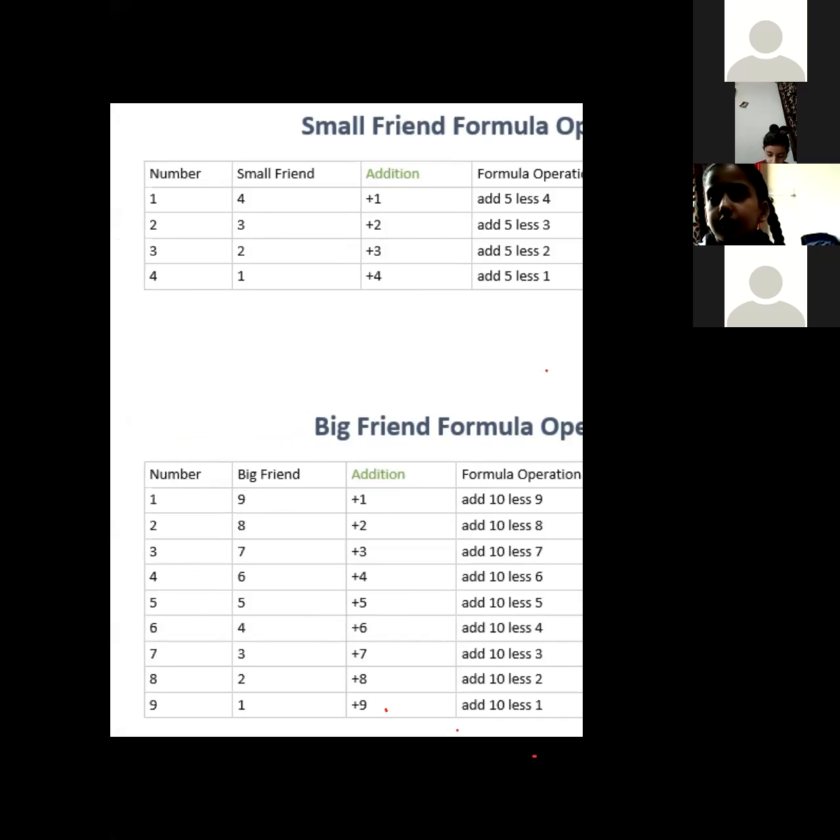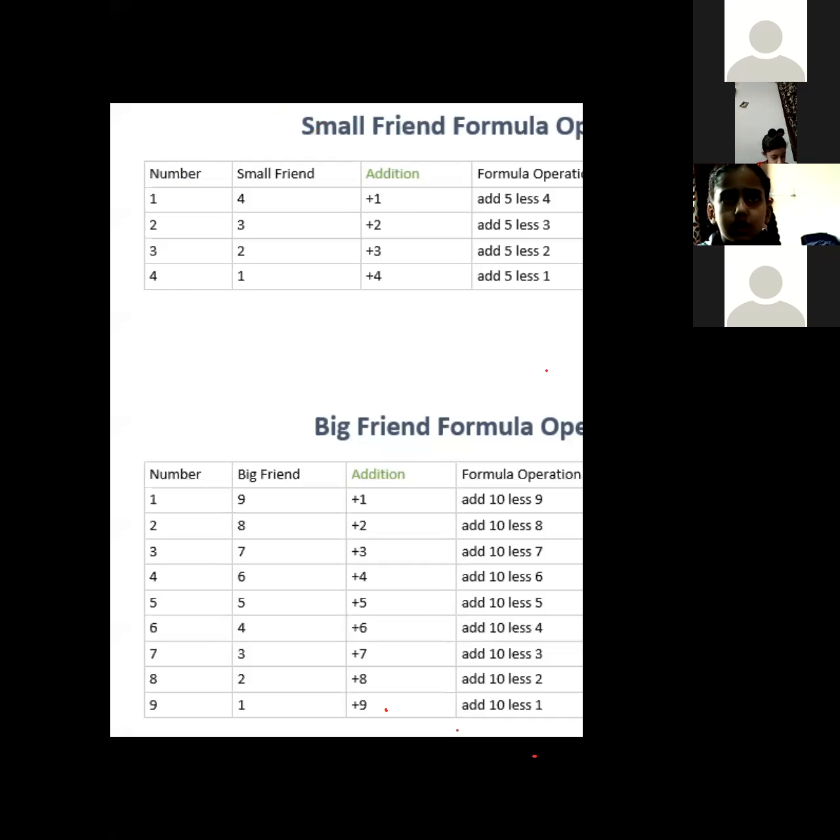What is the small friend of 2? 3. What is the small friend of 3? 2. What is the small friend of 4? 1. Okay, very good. Very nicely said. You have to remember small friends; these numbers can be asked in your multiple type questions.